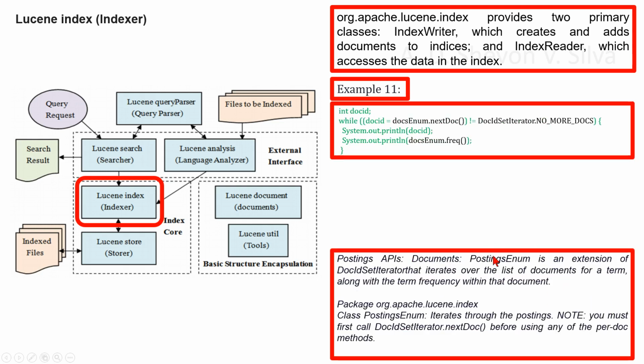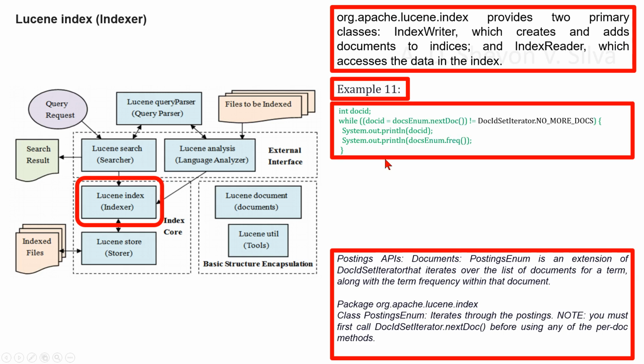Now the documents: the PostingsEnum is an extension of DocIdSetIterator over the list of documents for a term along with the term frequency within that document.